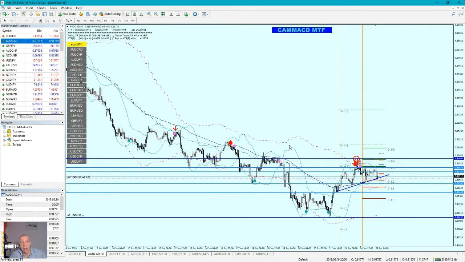So there is nothing to be said that something is actually happening. It's just ranging in between the left shoulder, the right shoulder, and resistance that is 4-hour resistance and daily H3. So that is what is currently running.